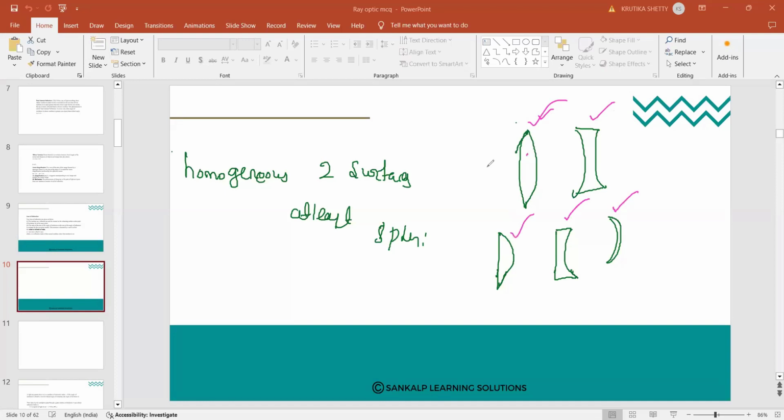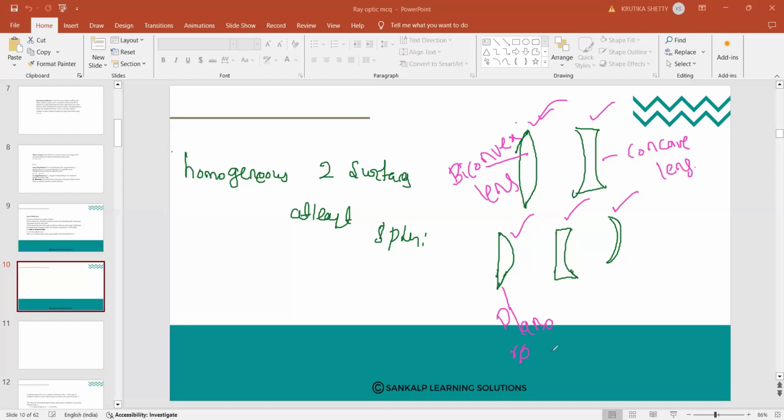In the first figure, this is the biconvex lens, or just convex lens as we can also say. This is called as the convex lens. This is called as the concave lens. And this one is the plano convex lens.